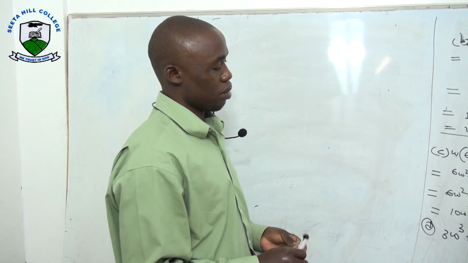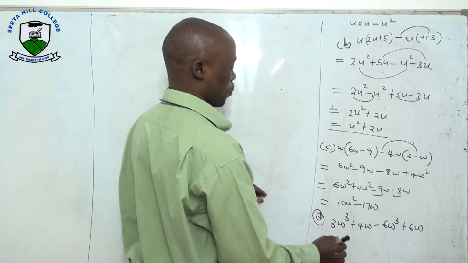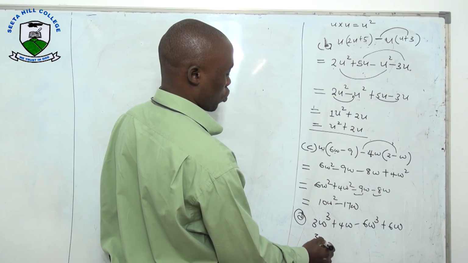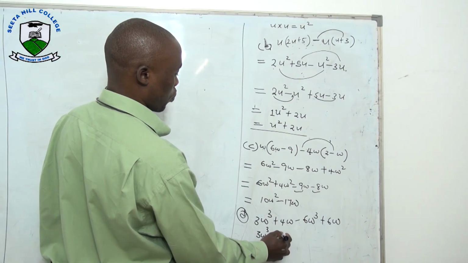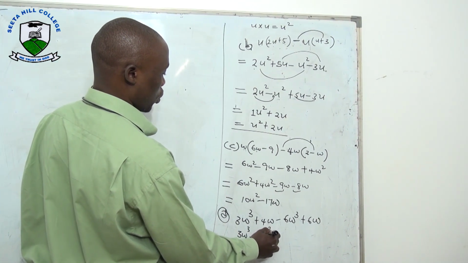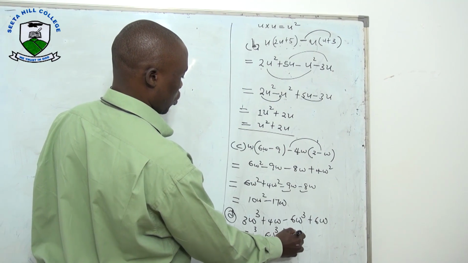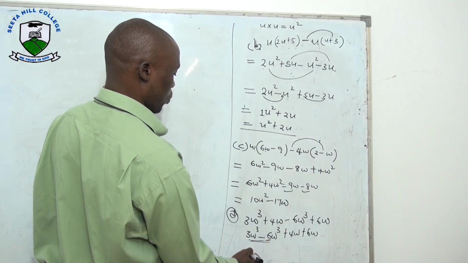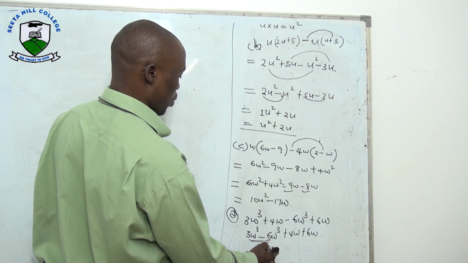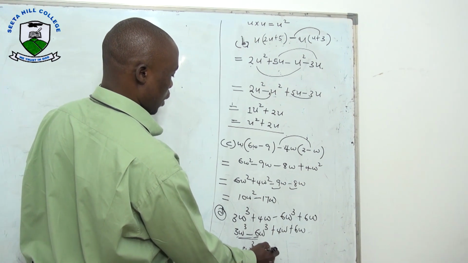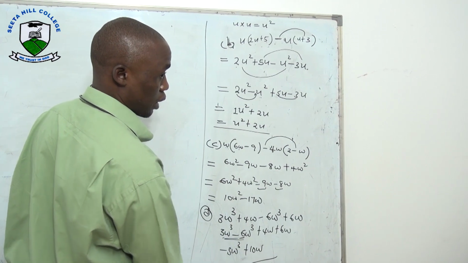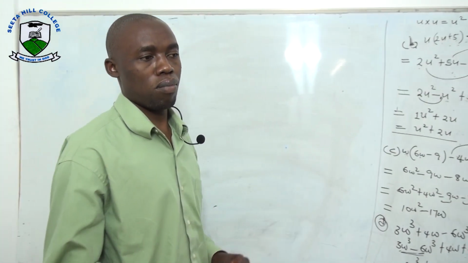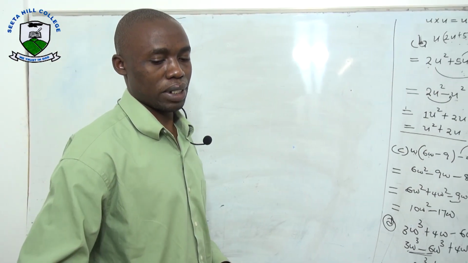This one, you are guiding me. How can I collect? 3W cubed minus 6W cubed, 6W cubed plus 4W plus 6W. Here? Negative 3W cubed plus 10W. That's exactly. Excuse me. You are very much excused.